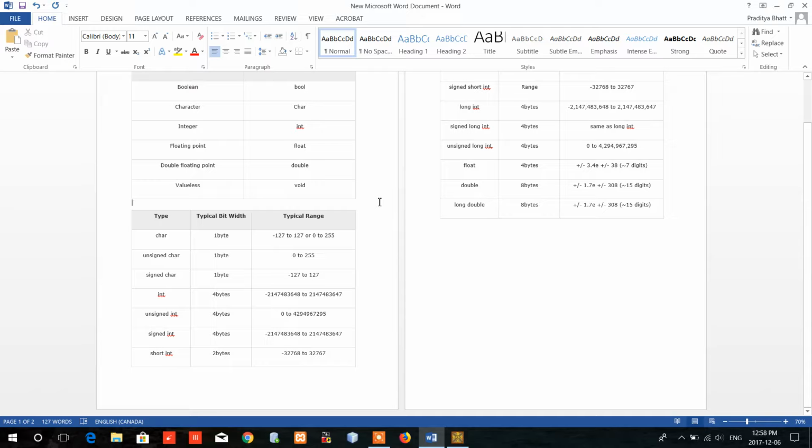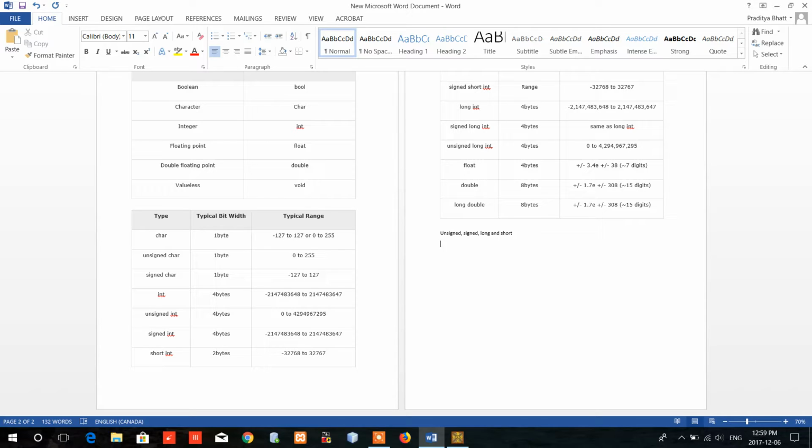All the data types have a bit width and a range. There are also 4 types of data type modifiers, which are unsigned, signed, long, and short.